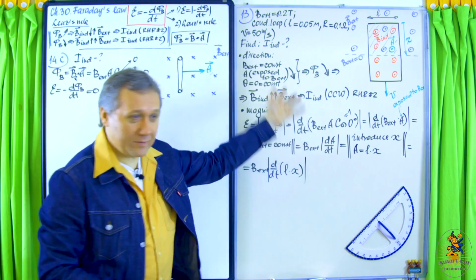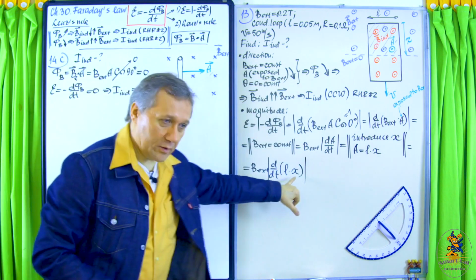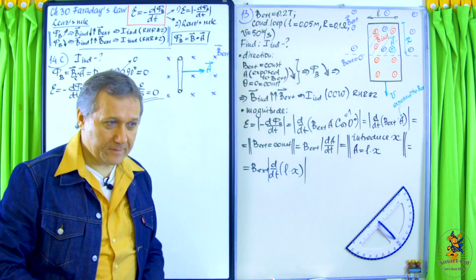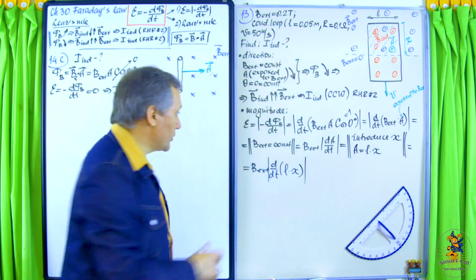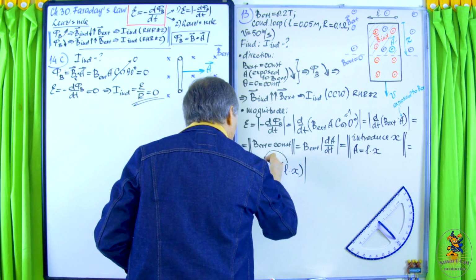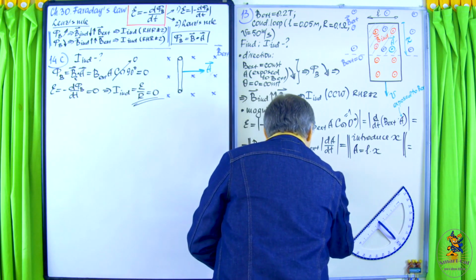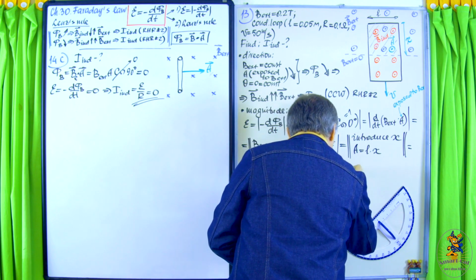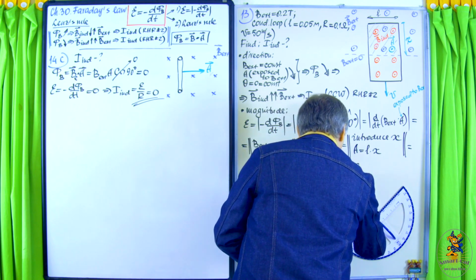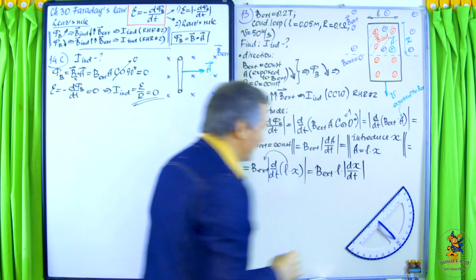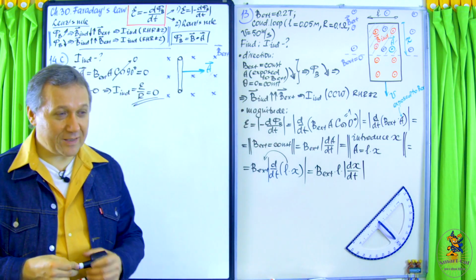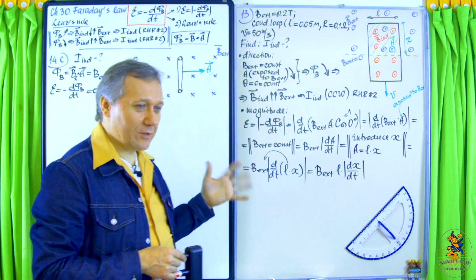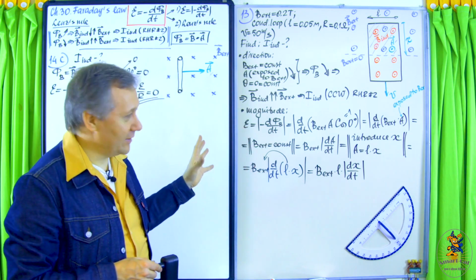L is constant, given. Of course, x is not constant. No way. x is getting smaller and smaller. But L is constant, the width of the loop, so L can be extracted also. So it will be B external times L times dx over dt. And what is dx over dt? Sometimes students didn't see it immediately.